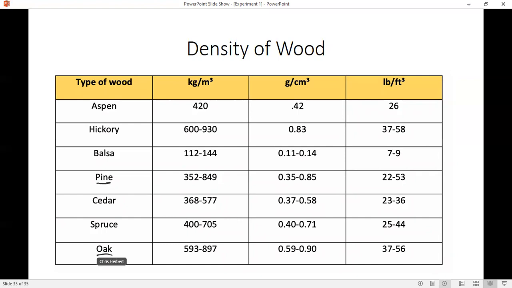I've given you some more values, and see what it comes closest to, because most of the wood that we have are either pine, spruce, or oak. Again, pine and spruce are very, very close to one another, as is cedar. But what you should be able to differentiate is whether it's some type of conifer like pine, cedar, or spruce, or whether it's oak. You probably can't differentiate between them because of the ranges within these.